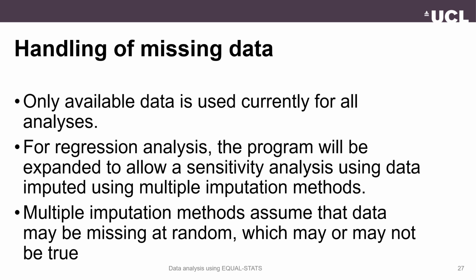For regression analysis, the program will be expanded to allow a sensitivity analysis using data imputed using multiple imputation methods. Please note that multiple imputation methods assume that data may be missing at random, which may or may not be true.